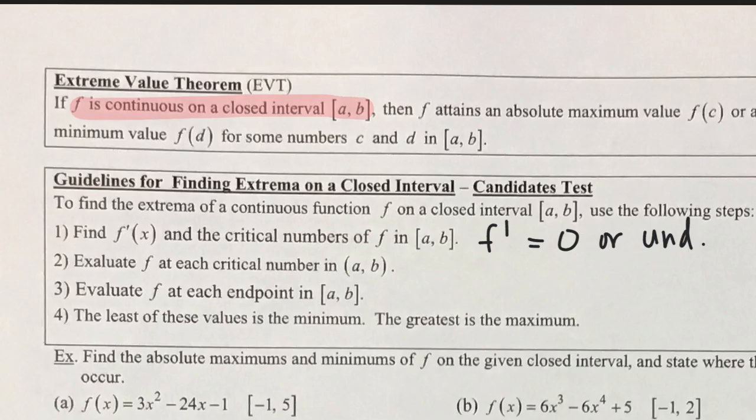Then you're going to evaluate those critical numbers, so you plug these x values into f and see what the y values are. And then you also have to evaluate the endpoints. So your critical values are the zeros of your derivative and the endpoints.